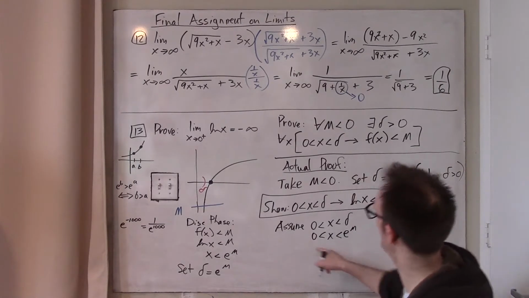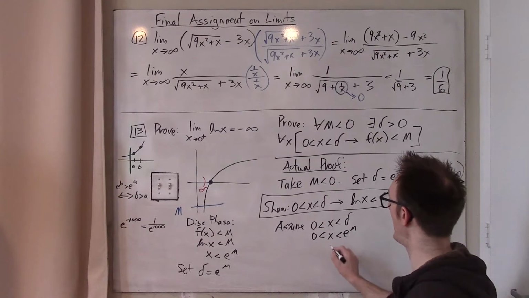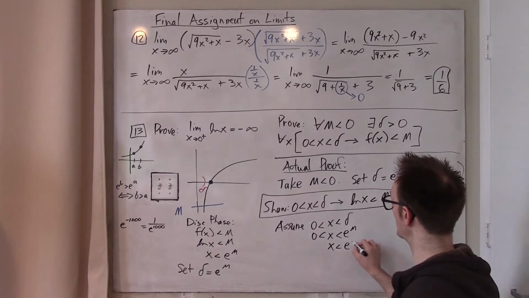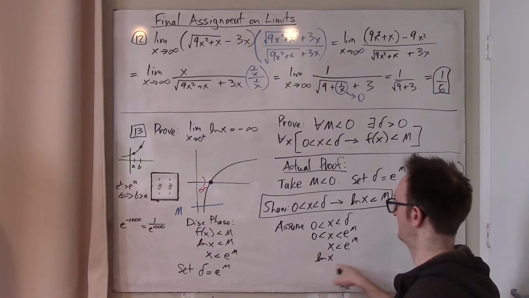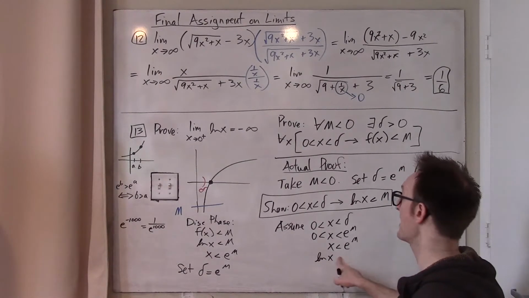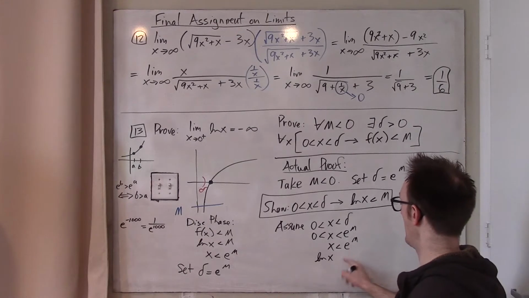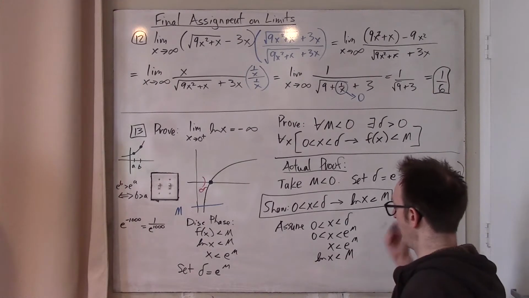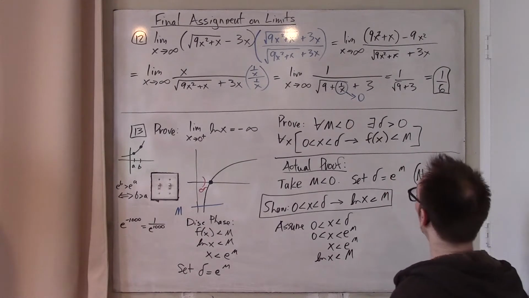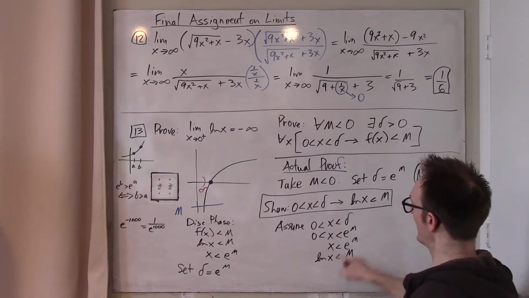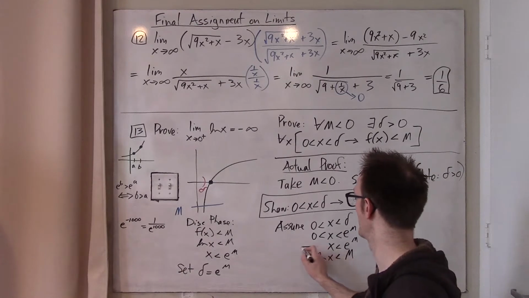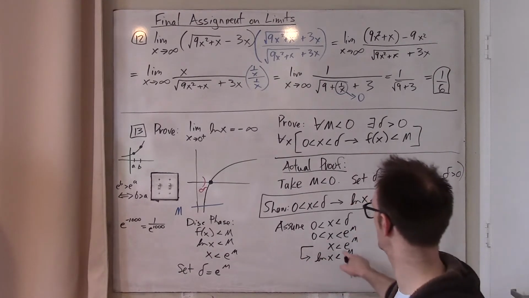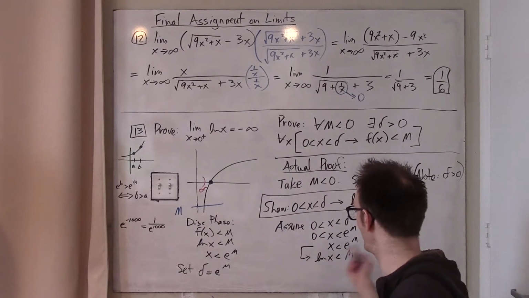And keeping in mind that x is positive, if x is less than e to the m, then ln x, just take the natural log of both sides, ln x is less than m, and actually that's just the whole proof, right? That's what needed to be shown. And so really, the proof is basically just one line. It's x is less than e to the m, so ln x is less than m.